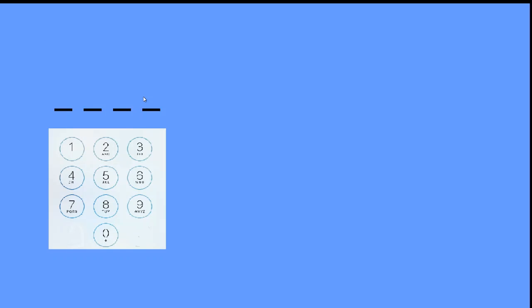Now let us take our pin lock, for example. How many ways are there to write a pin code? These are the numbers that I have: 1 2 3 4 5 6 7 8 9 0. I have to use these 10 numbers.